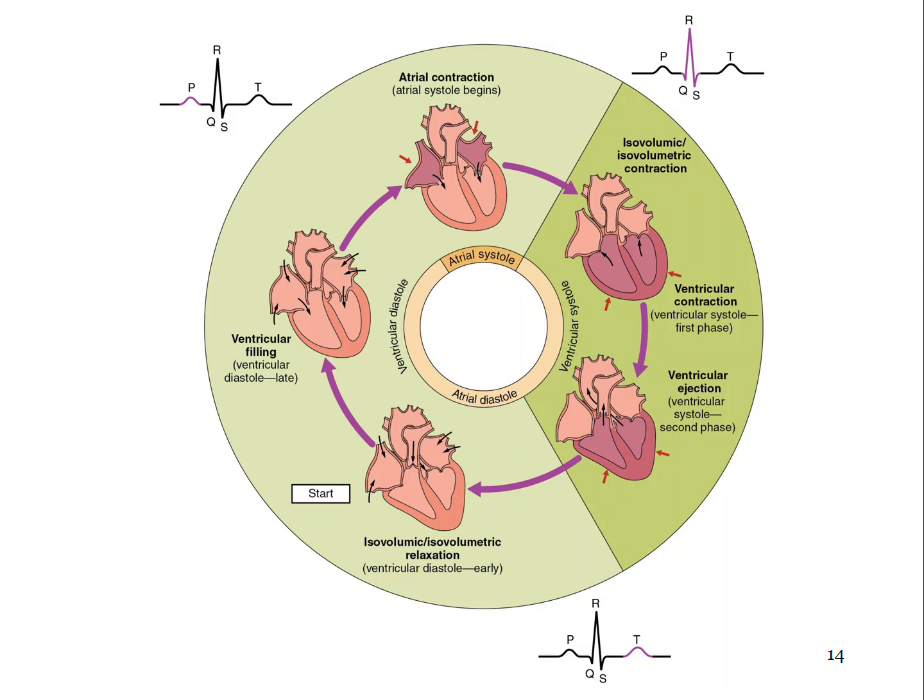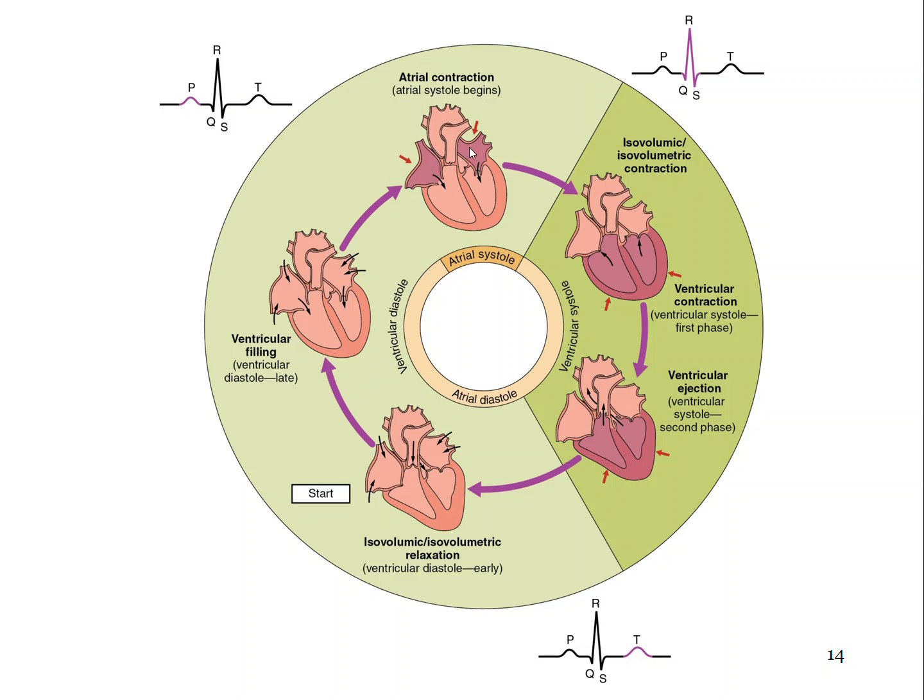Then we have diastasis, when blood just flows into the ventricle. It comes from the veins into the atria, and flows into the ventricle. Only a little blood goes into the ventricle during this time, which is called diastasis. After diastasis, we have atrial contraction, or atrial systole.